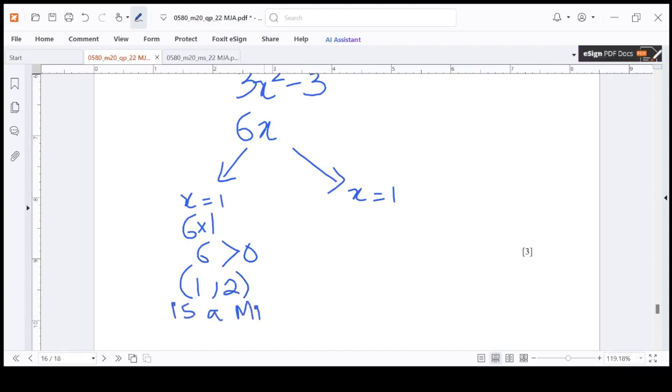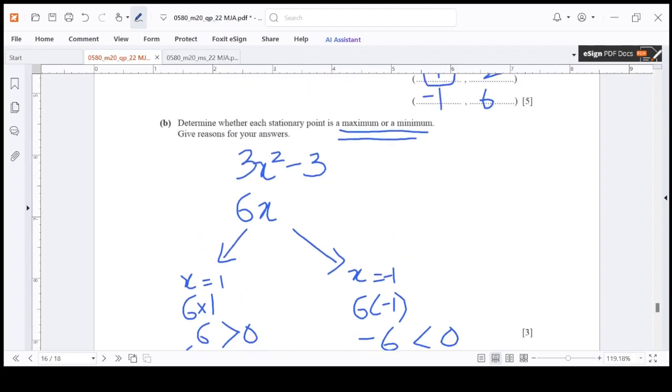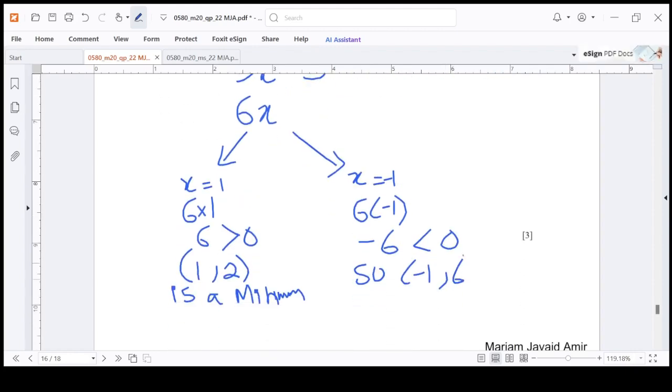And when x is minus 1, we get 6 times minus 1, which is minus 6. This is less than 0, a negative value. So this stationary point, minus 1 comma 6, is a maximum.